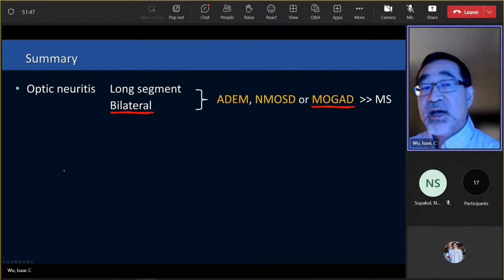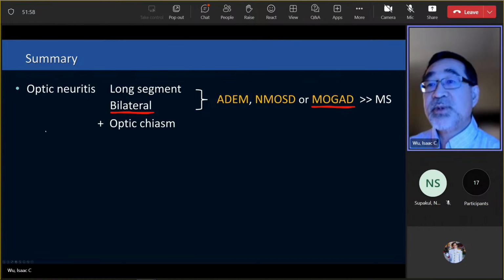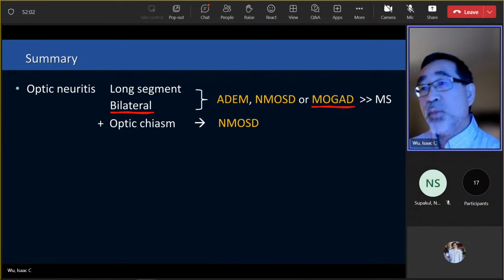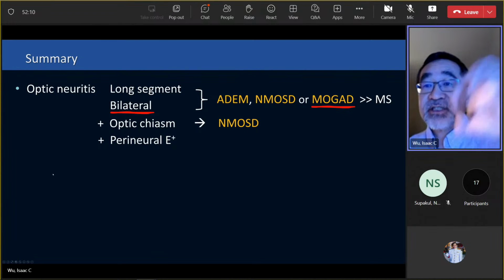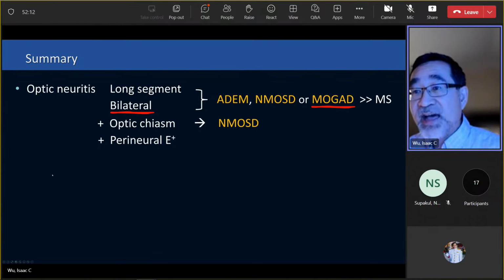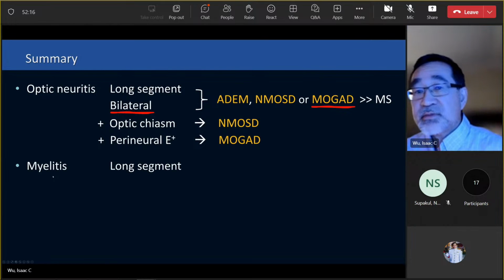They tend to be, at least they are more common than others to present with bilateral involvement, though others can present with bilateral involvement as well. If you see optic chiasm involvement, I think about NMOSD more so than other entities. If I see perineuritis, more than just optic neuritis, but involvement of surrounding structures and orbital fat sometimes, I think about MOGAD more than others.